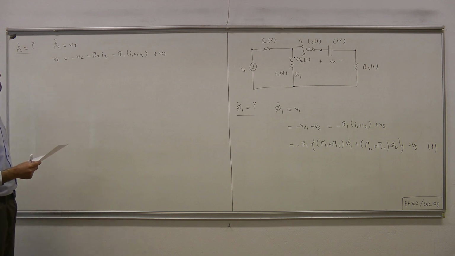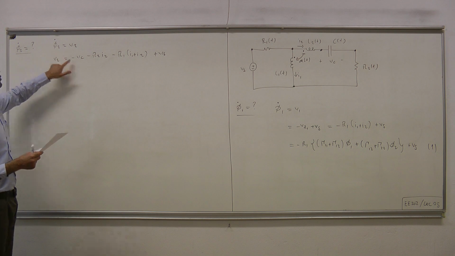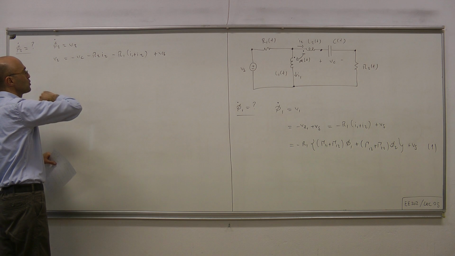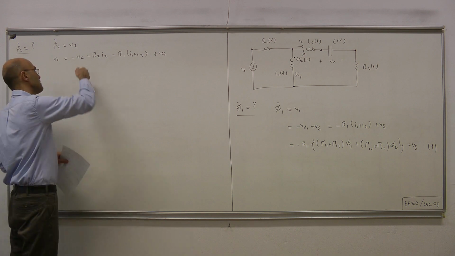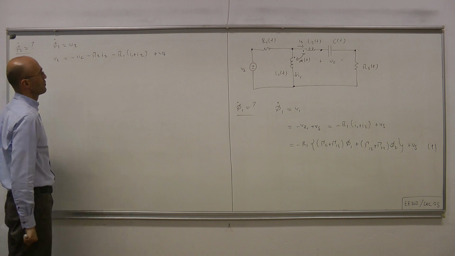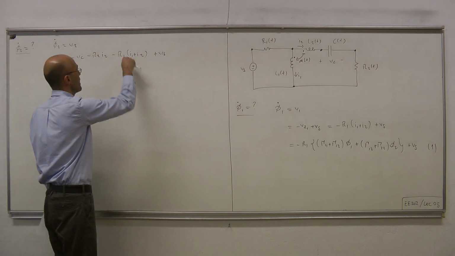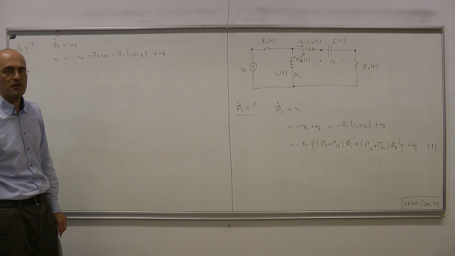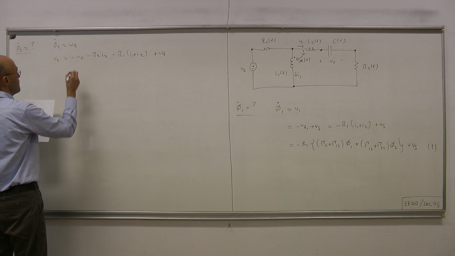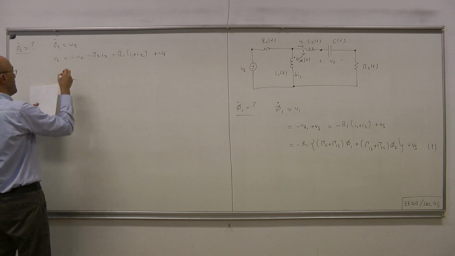So this is therefore phi2 dot. The problem with that is that it contains certain variables that are not our formulation variables, like Vc. We have to express this in terms of the charge, and we have I1 and I2. We have to express those in terms of fluxes, but that's easy to do. Let's do that. So that equals minus Vc.